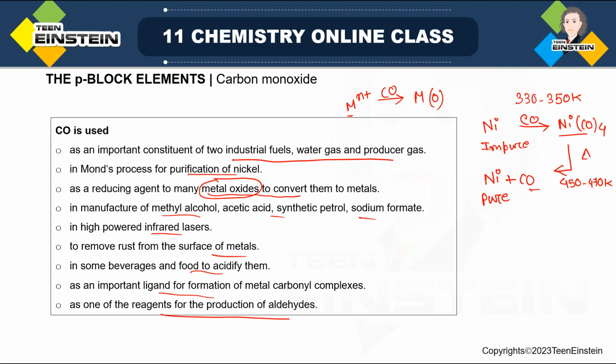One of the reagents for production of aldehydes. So sometimes when we have some alkene, suppose we have alkene RCH double bond CH2, then in presence of CO and hydrogen gas, we can make RCH2CH2CHO. Sorry, this has one carbon extra.